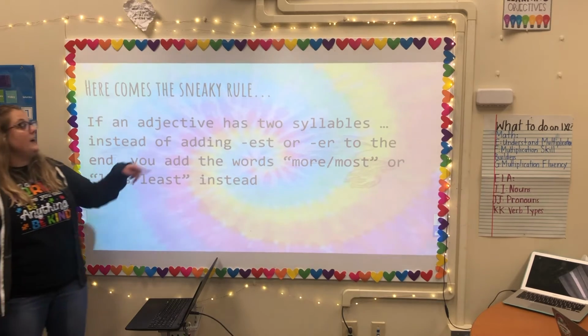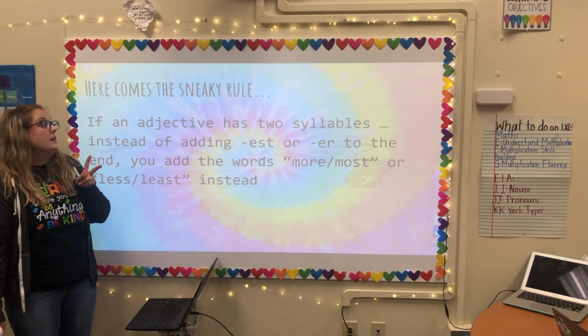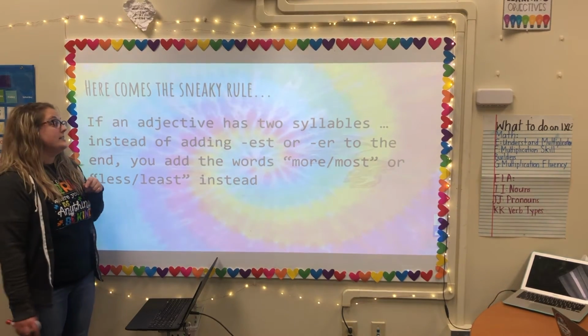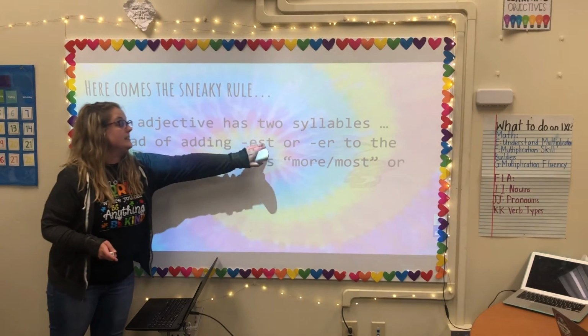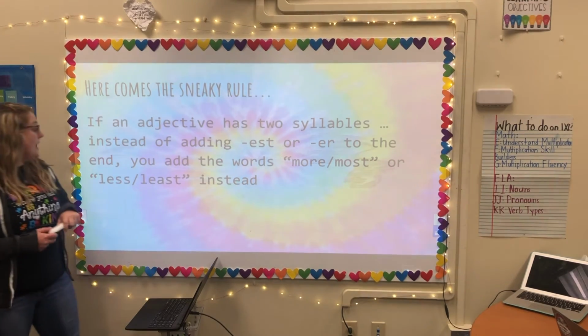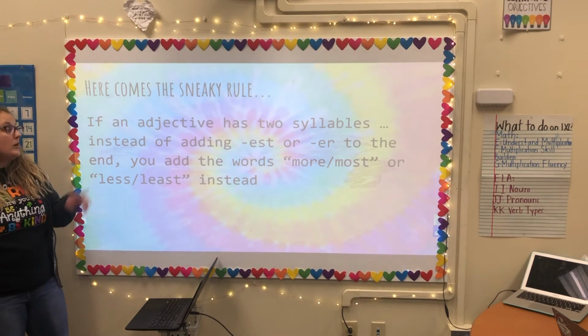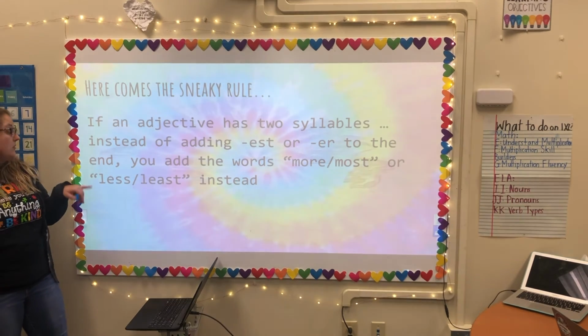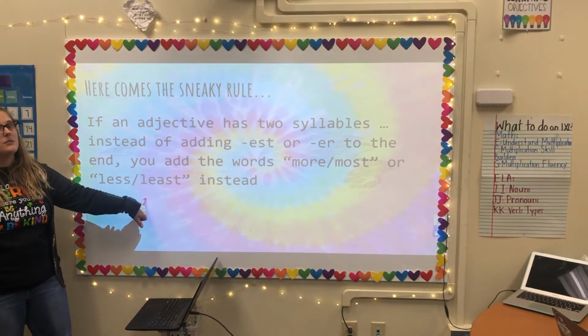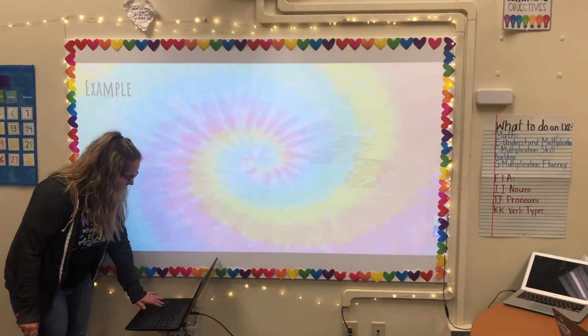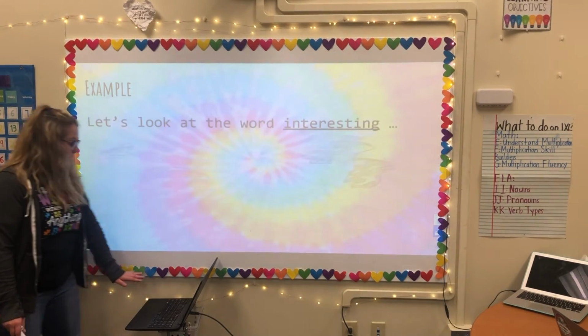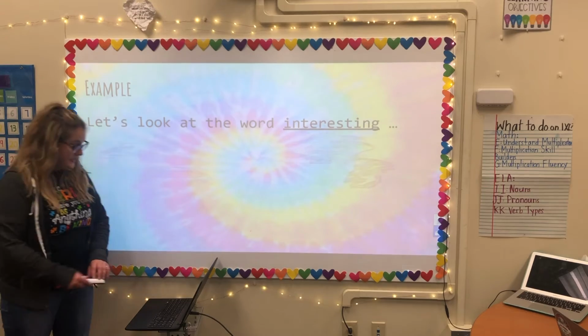If an adjective has 2 syllables or more, then instead of adding est or er to the end of it, you add the word more or most or less or least to the beginning instead. Here's an example. Let's look at the word interesting.